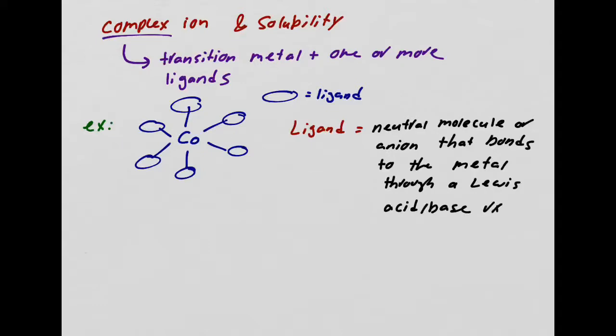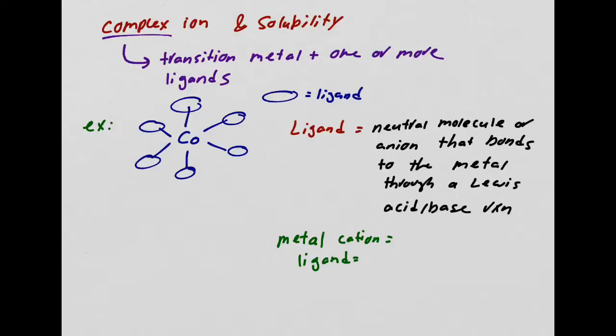Now, I almost don't even want you to write this down, because let me explain this to you. So here's the thing. I have a metal ion here, okay? I'm going to have a metal cation as part of the complex ion. And then I have a ligand that is going to be bonded to the transition metal.